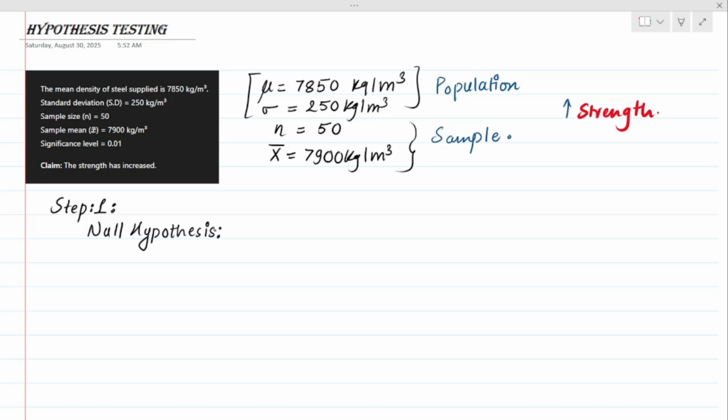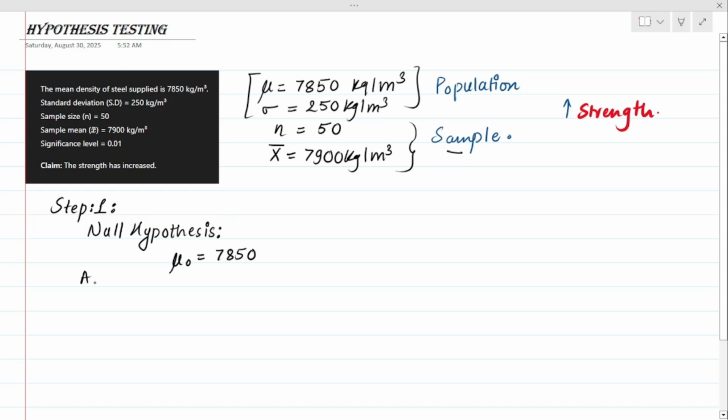So in the null hypothesis, we assume that there is no change and the new sample mean is equal to 7850. That means the sample produced after the company decided to increase the strength of the steel is 7850, which means the strength has not increased. So this is the null hypothesis.